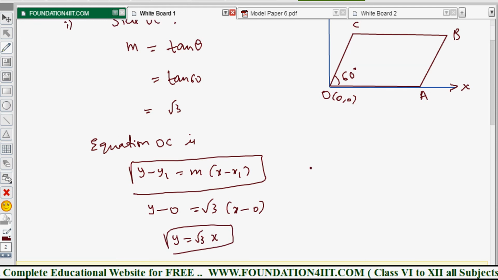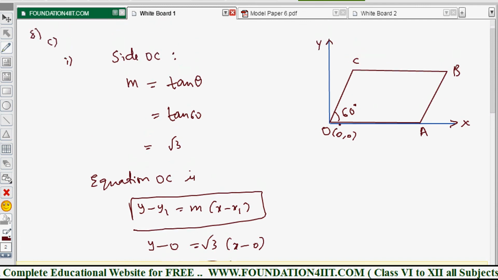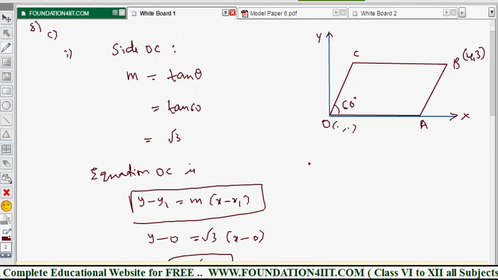And side CB is parallel to the x-axis, right? And it passes through B, which is given as 4 comma 3. Side BC we need to find out. It's simple. This is exactly parallel to the x-axis, so y is equal to 3.